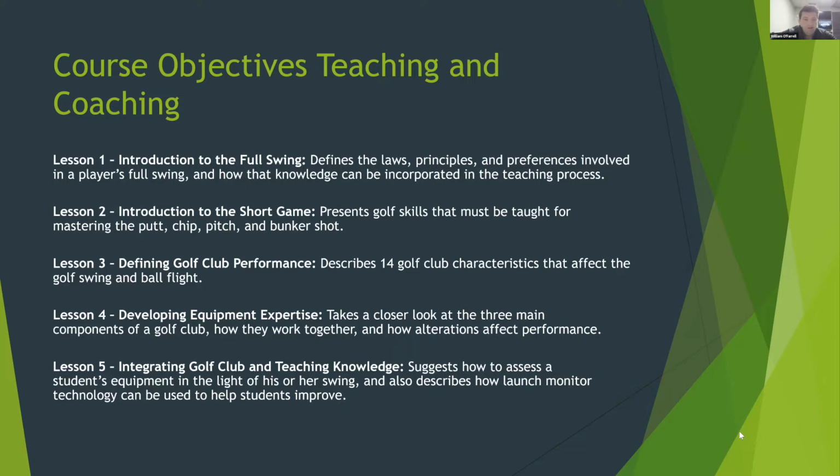I love to talk about golf clubs and how they change from year to year, what the manufacturers are doing to try and help people play better golf. So golf clubs are a big hit for me. And then the last lesson, lesson 5, integrating golf club teaching and knowledge, where we're going to talk a little bit more about equipment and how that will be integrated with technology throughout these lessons.